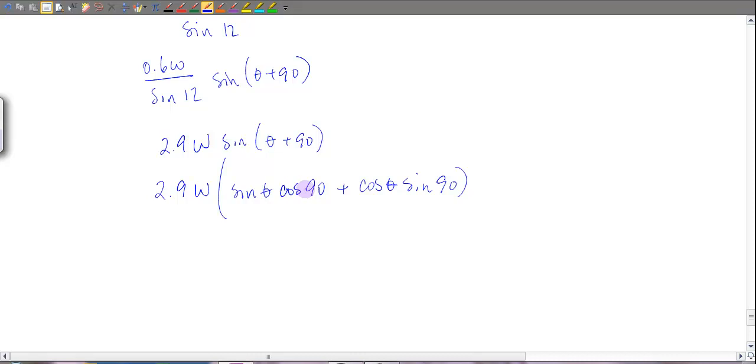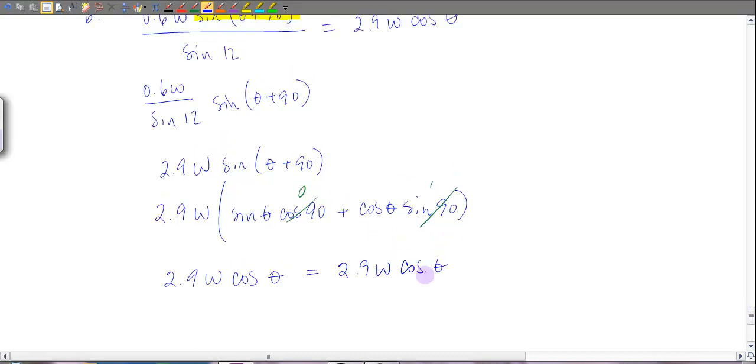The cosine of 90 is 0, and the sine of 90 is 1. So the sine of theta times 0 goes away, and I end up with 2.9 W, and the cosine of theta times 1 is just the cosine of theta. That's what I wanted to show. We used our sum identity for sine to show that this is the way it works.